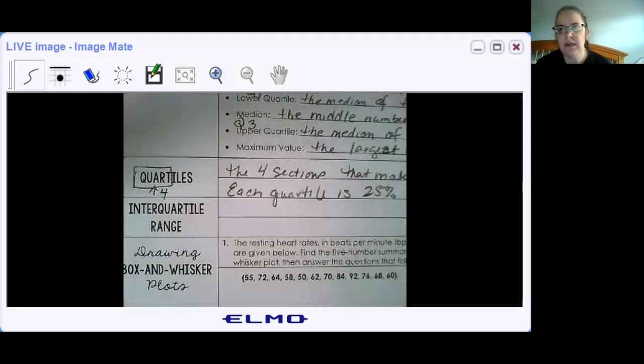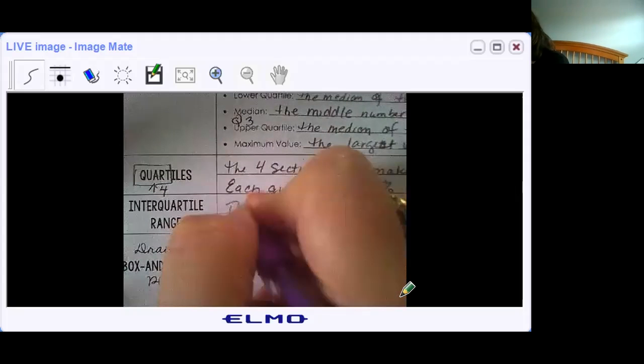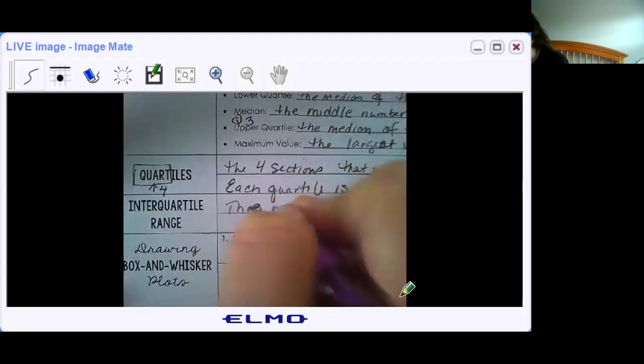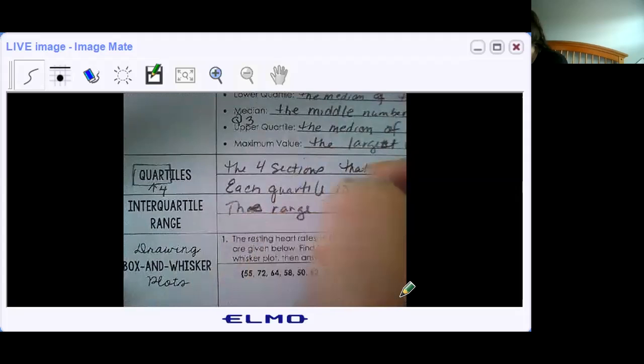So the interquartile range, bless you, honey. Interquartile range is the range between the lower quartile and the upper quartile, or how long that box actually is. So the range between the lower and upper quartiles.